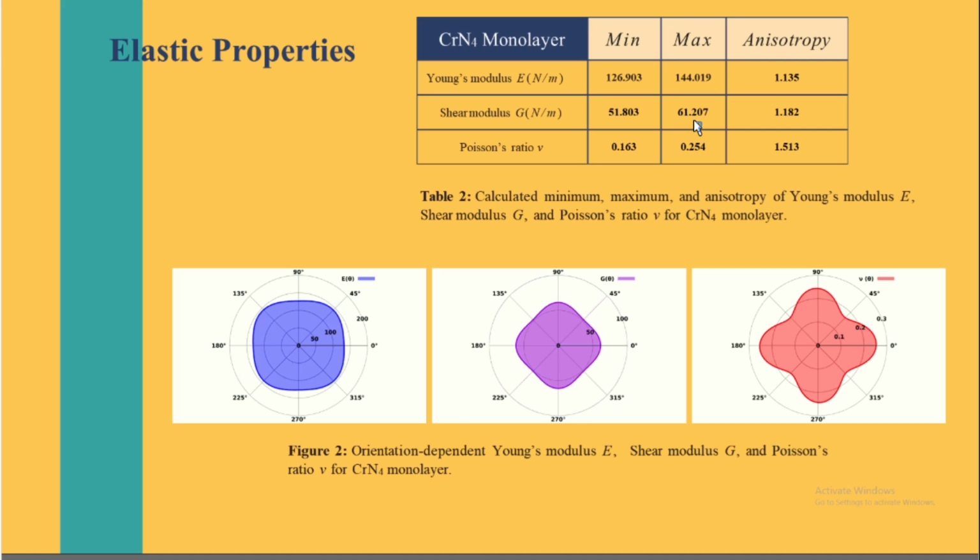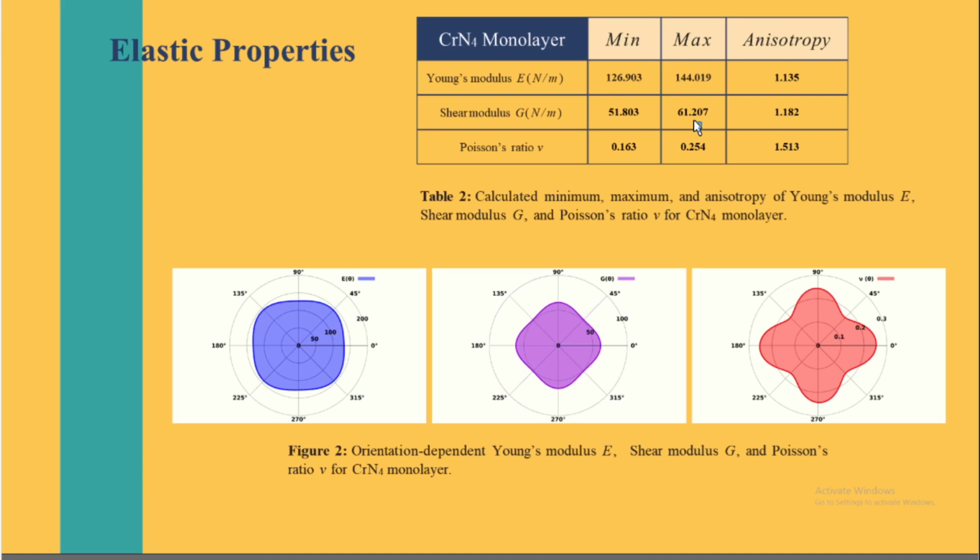So to show this, we illustrated in figure 2 the orientation dependent Young's modulus E, shear modulus G, and Poisson's ratio.